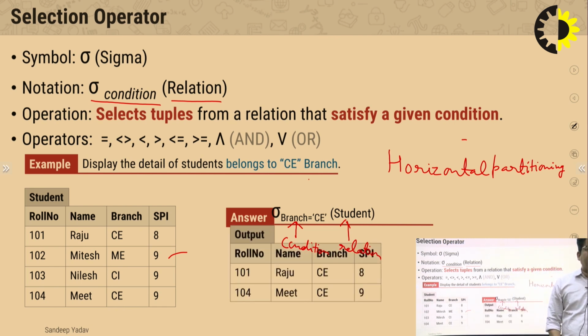The answer shall be 101 Raju CE branch SPI 8, and 104 Meet CE branch and 9. So we are getting certain tuples, or rows, based on the given conditions.